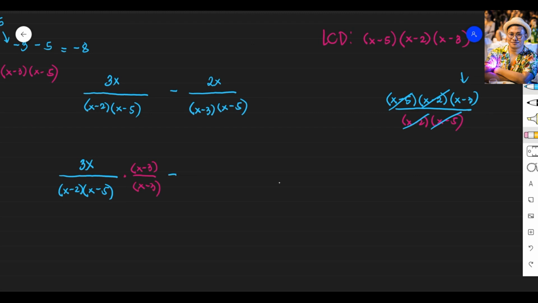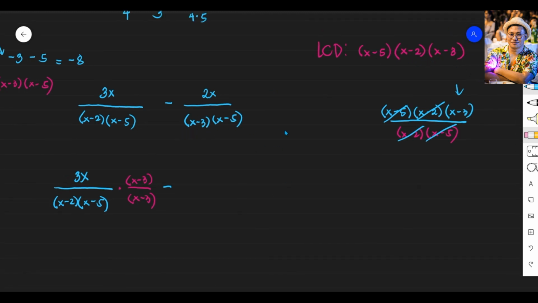Kanina sad ta. I-divide na to ang LCD, guys. The LCD that we have here, by this one here. So, may tabuan na is x minus 5, x minus 2, x minus 3 over second denominator, which is x minus 3 times x minus 5.